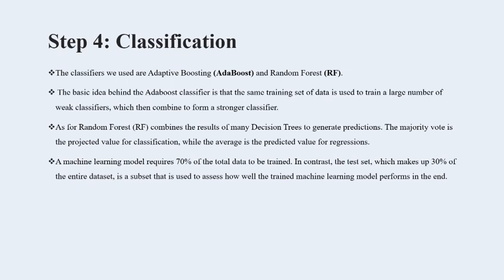The majority vote is the predicted value for classification, while the average is the predicted value for regression. A machine learning model requires 70% of the total data for training and 30% for the test set.